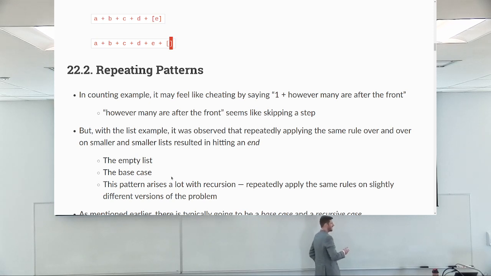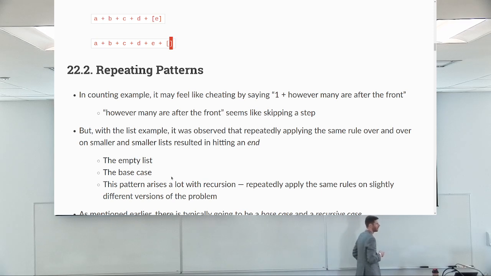And iterative processes in nature, there's no for loop in nature. Iterative processes in nature tend to follow recursion in terms of repeating the same thing, the same stupid little function, over and over again. These repeating patterns pop up a lot.